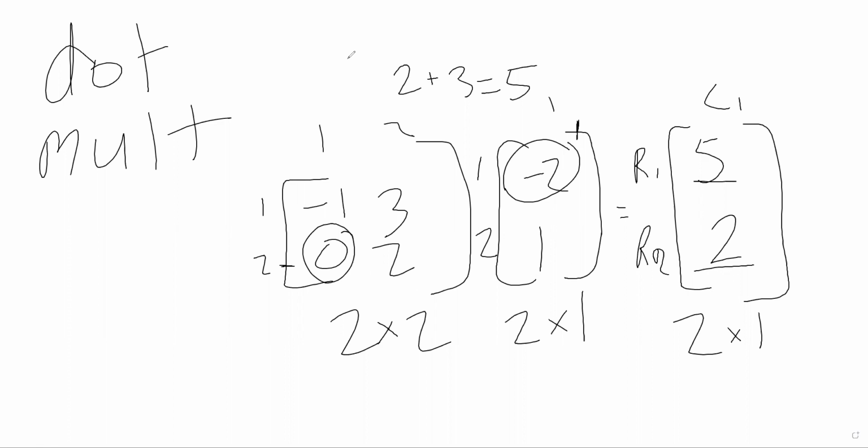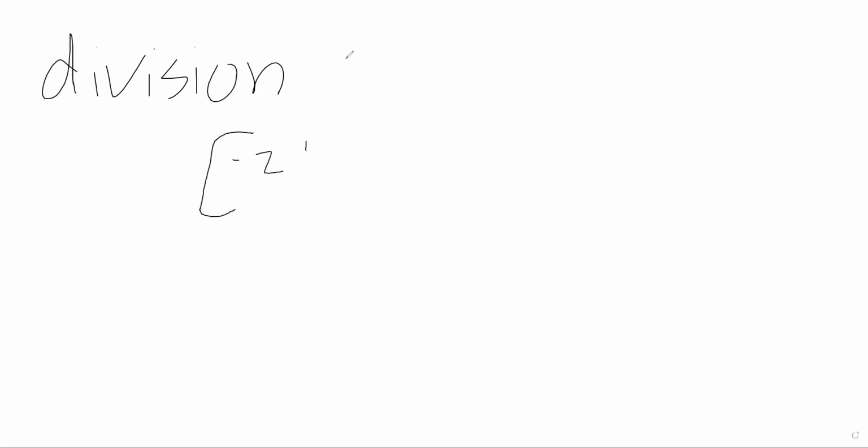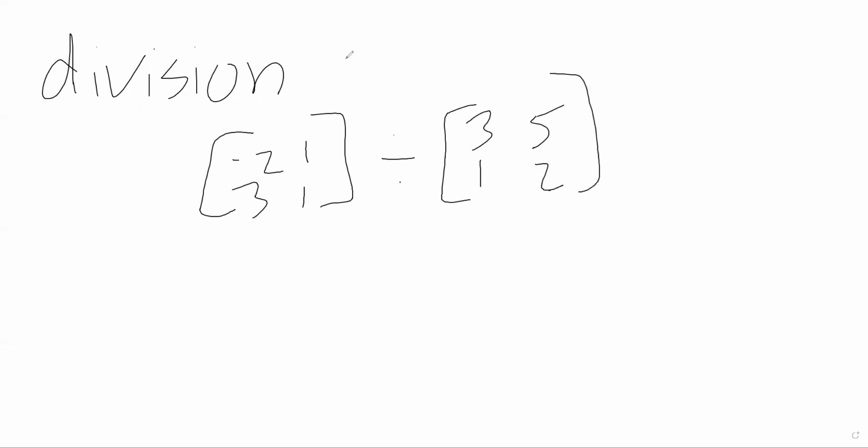We're going to move on to the last one, which is division. Now, the weird thing about division with matrices, let me draw it out here first. The weird thing about division is that there is no division.